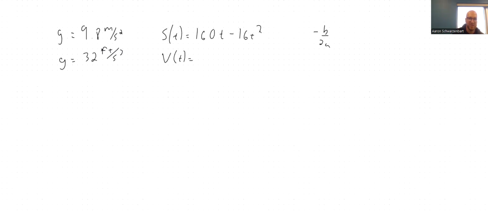So I take the derivative, set it equal to zero, and solve. This will give me t. It did not ask me for t, though.